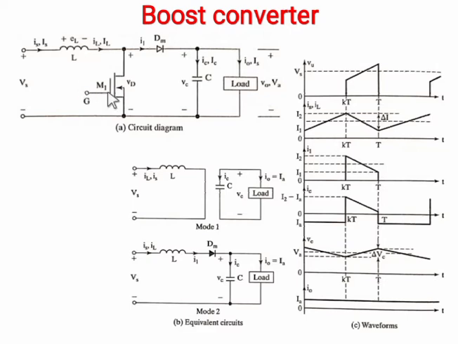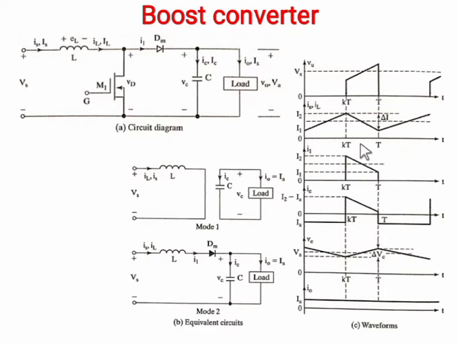The operation of the boost converter is divided into two modes, mode 1 and mode 2. Mode 1 starts when the transistor is on, and mode 2 starts when the transistor is off. The total of T on and T off of the MOSFET is the total time Ts.